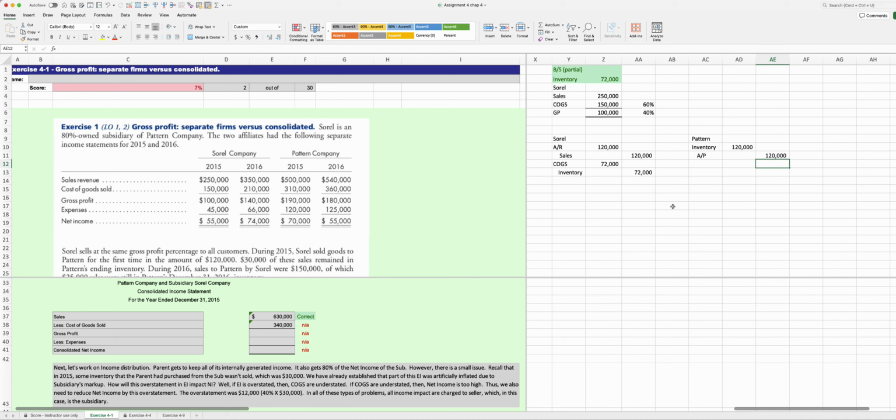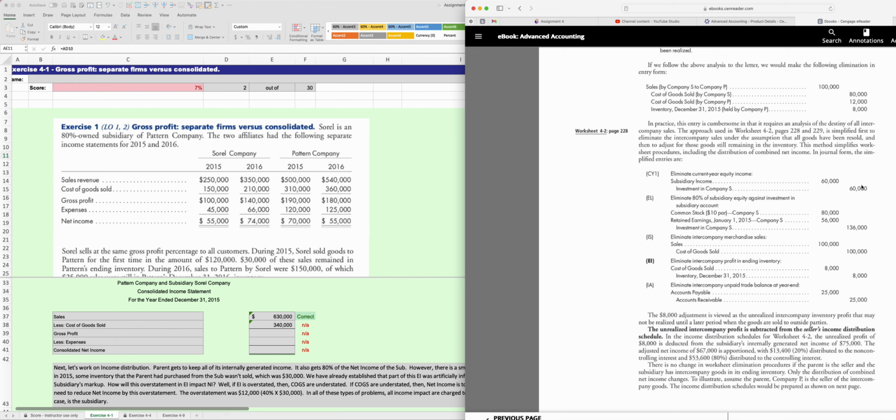Again, we're not concerned too much about balance sheet accounts at this point. We're concerned more about the consolidated income statement, so we're going to stay focused on the income statement items, but still it is imperative for you to see that when consolidated, these two items will cancel themselves out in what we call the intercompany trade balances.